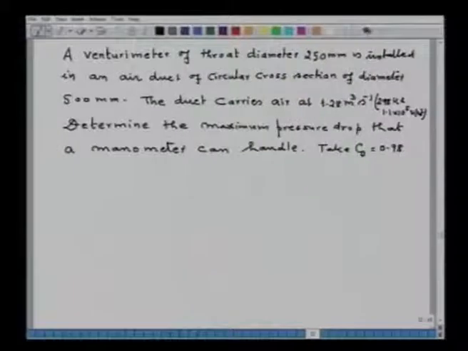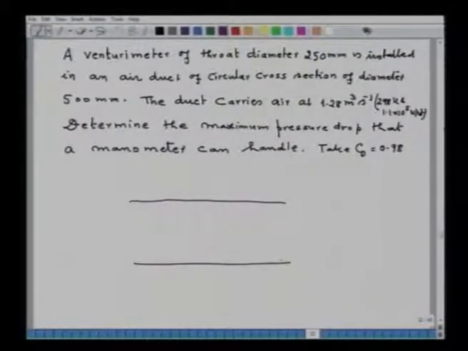In fact, the problem can be illustrated this way: this is the duct of circular cross section, and somewhere here is the center line, and we are installing a sort of Venturi meter.